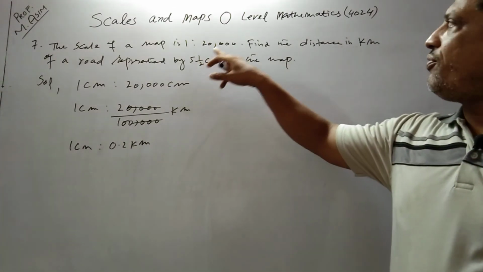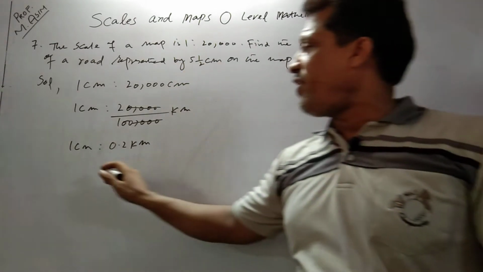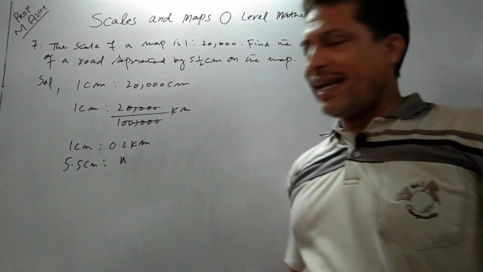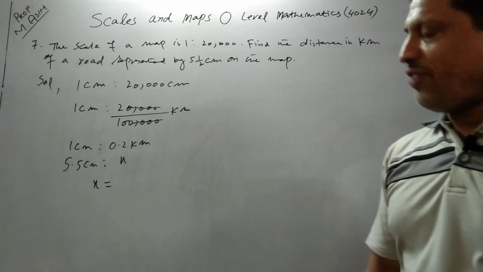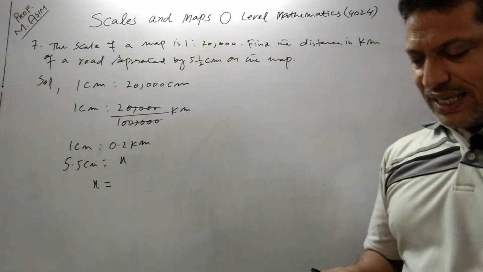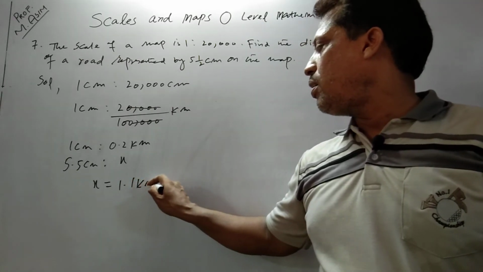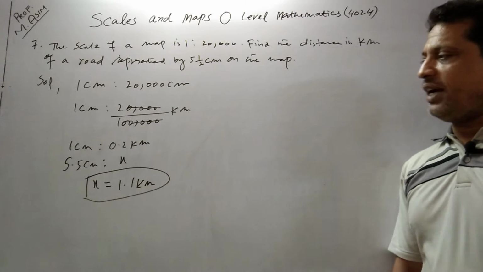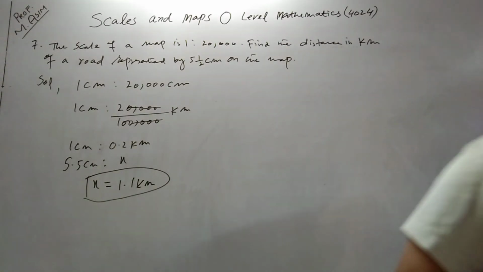So 5.5 centimeter represents x. x by 1 is x, and 5.5 by 0.2 is 1.1 kilometer. You can confirm this answer by multiplying 5.5 by 0.2. Okay, next question.